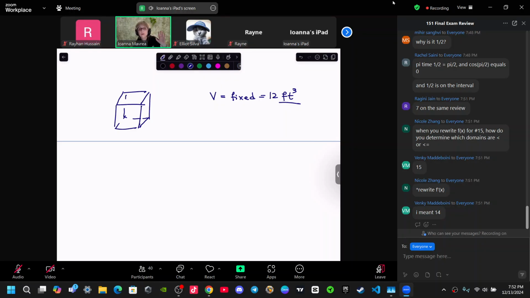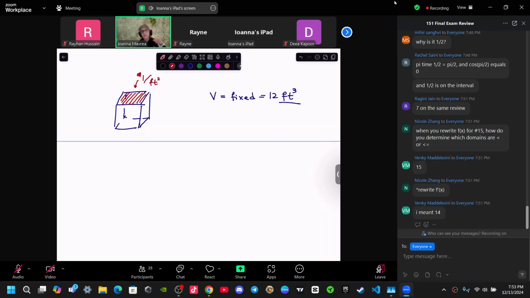All right, so you have 12, the volume is fixed. Construction costs, okay, so the top costs a certain amount of money per square foot, right? So the top here, you don't know how many square feet it is. But for each little square foot, it costs $1. So this is $1 per square foot.